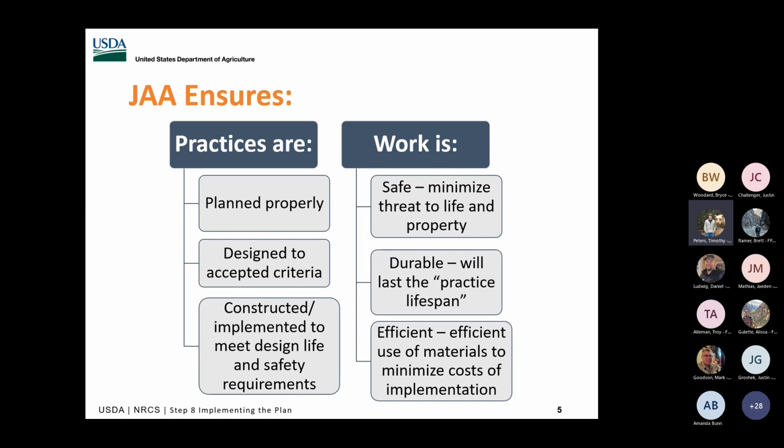And then finally, these practices need to be installed in an efficient manner, financially efficient and constructed efficiently. You could plan the Taj Mahal for every resource concern and have this big, expensive practice go in, but that's not always the right thing to do. I'll go back to some pictures that Mark Goodson and Dan Ludwig were showing earlier today of some gullies in the field.